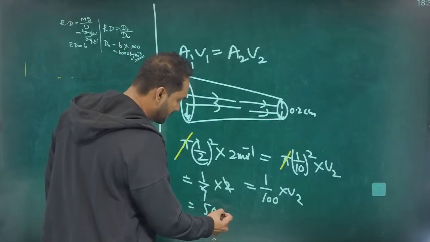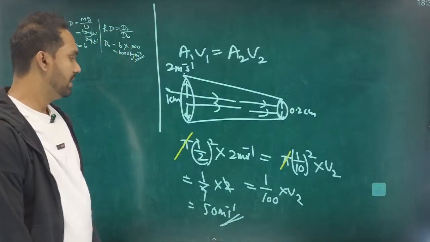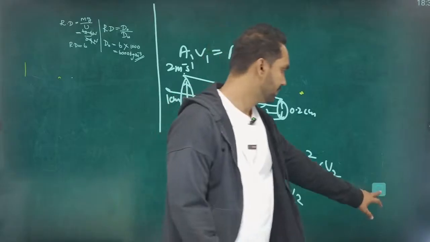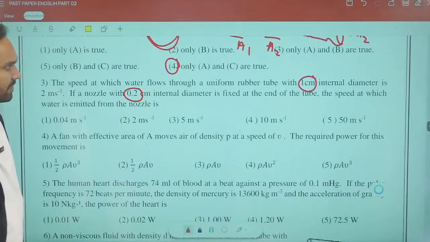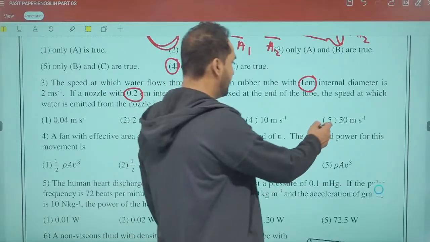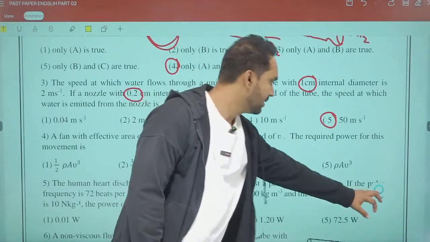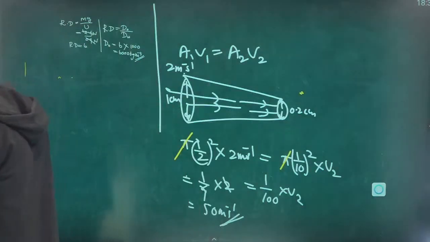So 50 meters per second of velocity should be there at the end of it, right? Yeah, so it's 50 meters per second. Take a note quickly if you want.